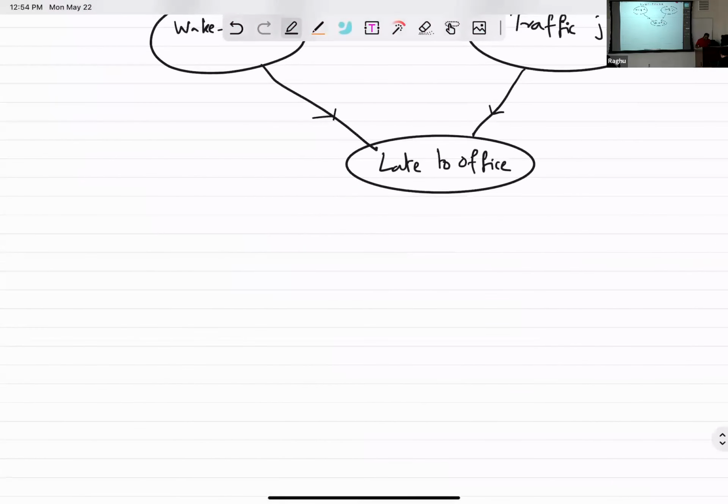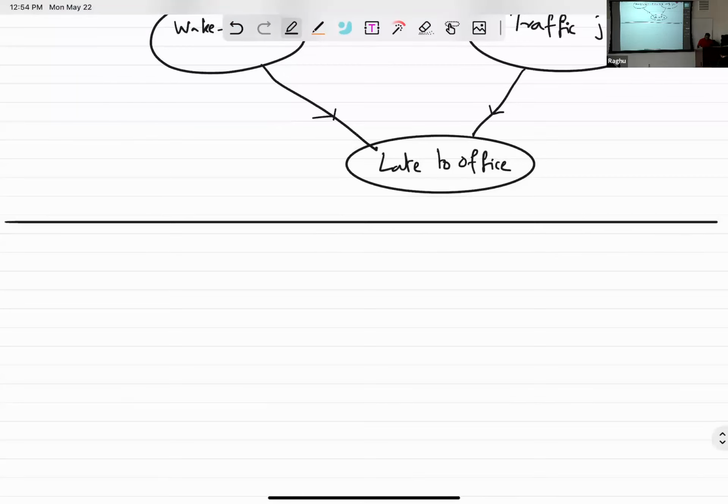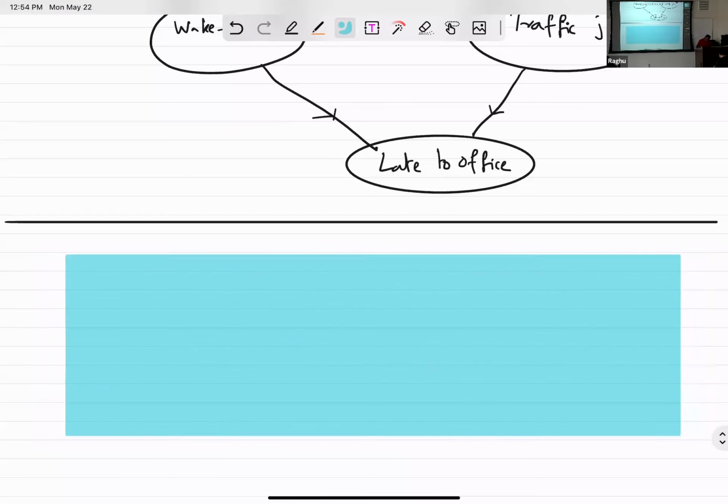So that's the definition of Bayesian networks. It gives us a nice language to talk about conditional independence questions. By and large, there are two central questions in the area.